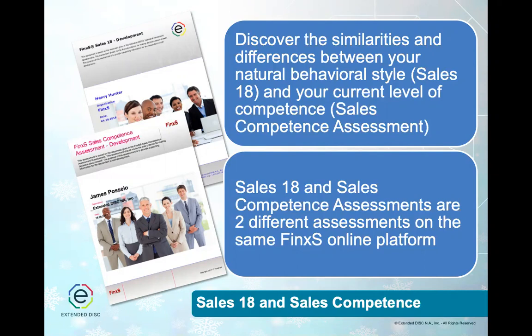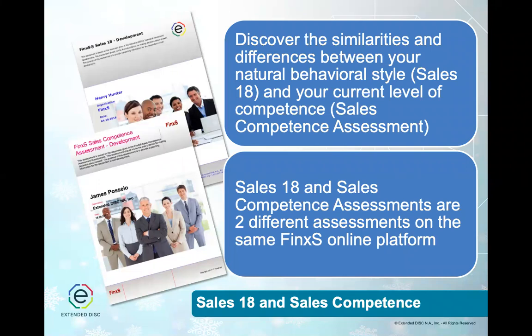It takes about 25 minutes to complete, and it identifies where the person is with the same 18 competencies, in terms of their competency level. So when people take it over time, we can identify what areas they have developed and what areas may need more work. The tools can be used independently, but they were designed together, so people who want a more holistic picture of how to best develop a salesperson often use them both.